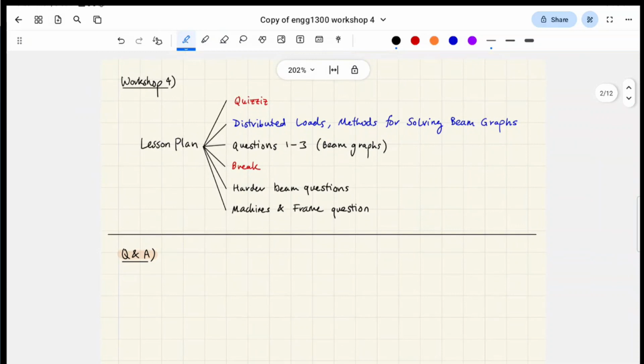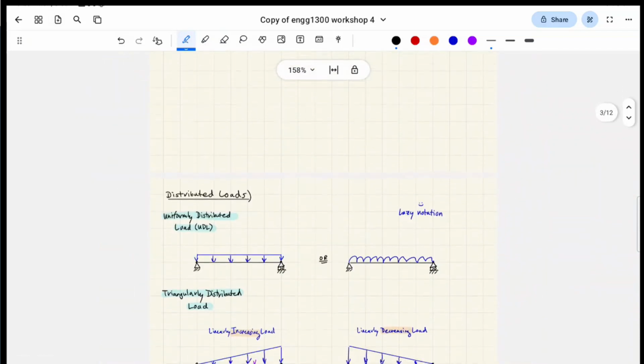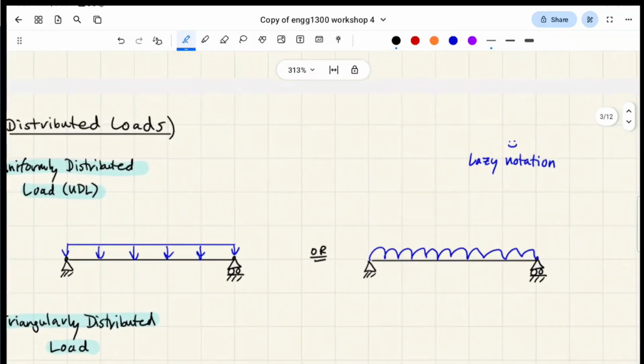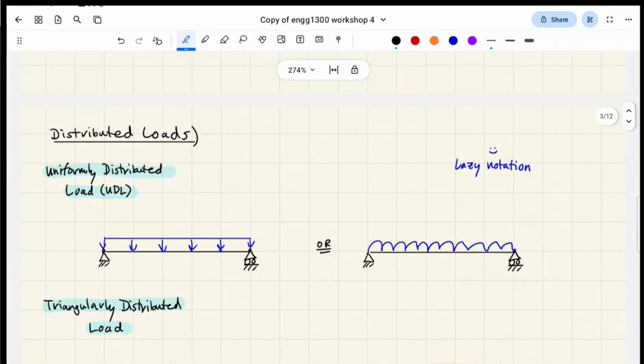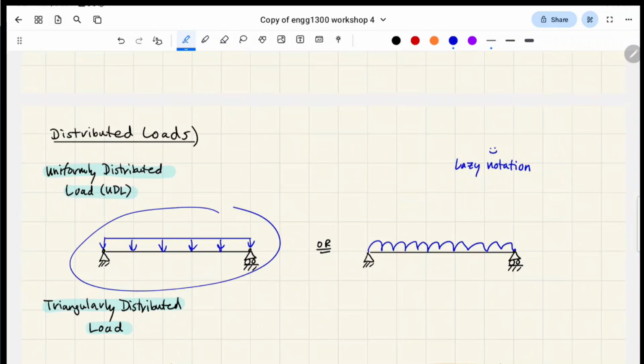So, yeah, we'll start with talking about distributed loads with a bit more structure, and then methods for solving beam graphs, right? So for the uniformly distributed loads, there's two ways to write it. Sometimes you'll find me writing this way, which is the lazy notation. Those little arches are pretty much just downwards arrows, but it's just saying this pretty much.